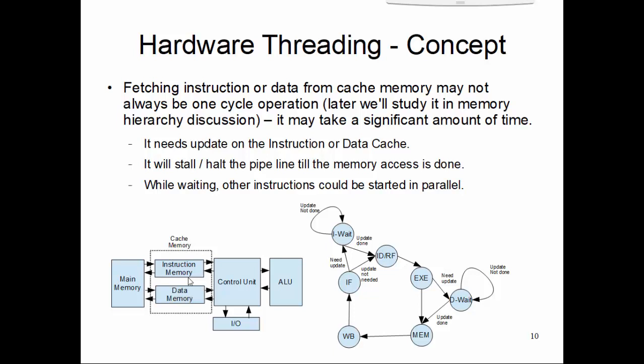But to understand this concept of hardware threading, all we need to know at this point is that it might happen that the program you are executing on this system is not, or cannot be, present in its entirety. Let's say you have 1000 instructions in your program, and maybe 350 are stored in the instruction memory.